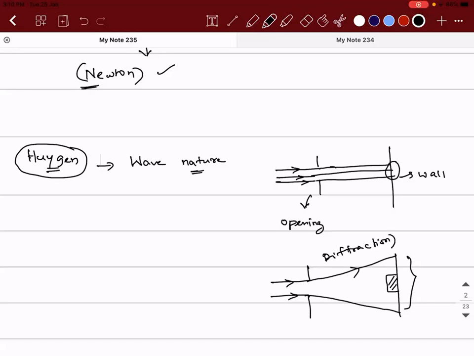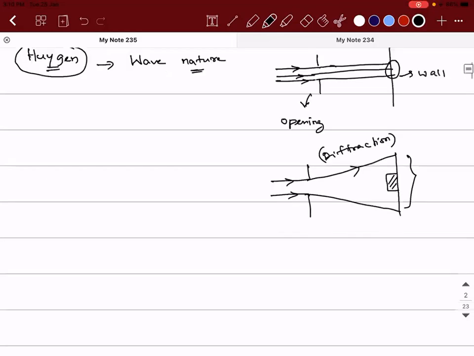Generally, suppose the door is closed and you're in this room, and there is a person standing outside shouting. You might or might not be able to hear them.